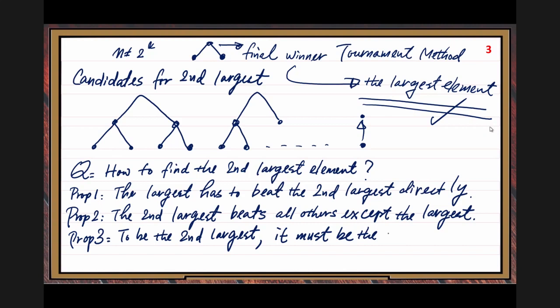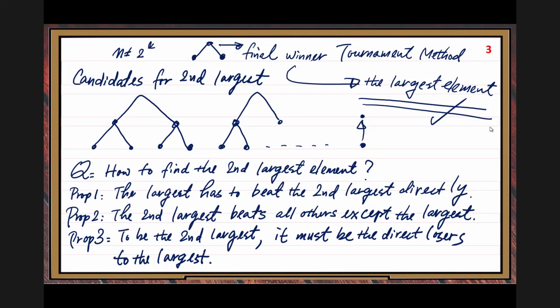Direct losers. Direct, not indirect. Direct losers to the largest. Okay?